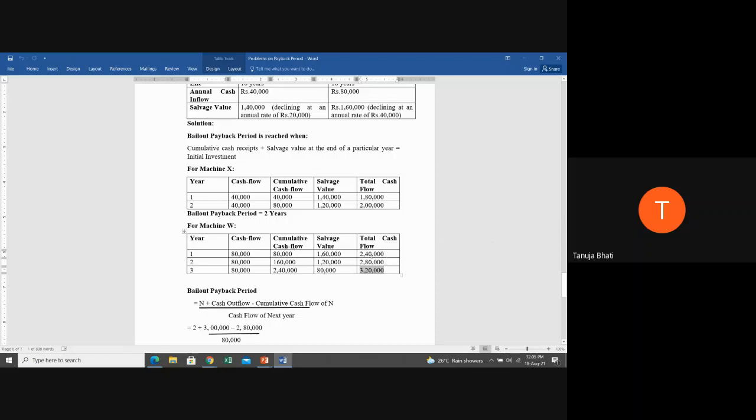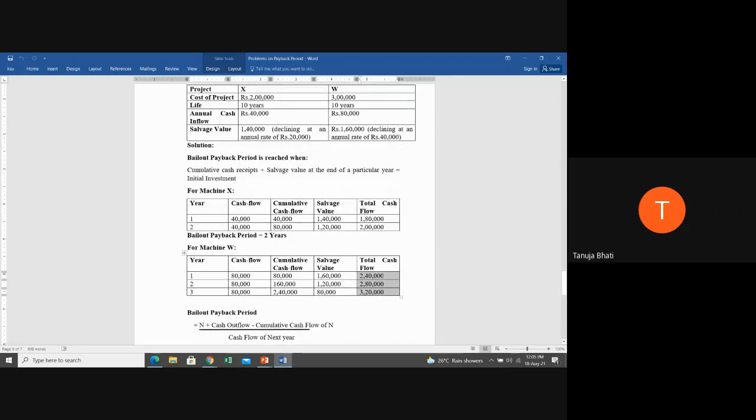So can anyone tell me, in which year is the total cash flow equal to the initial investment? Is there an exact amount which is equal to your cash outflow, or do we need to use the formula? We need to use the formula.